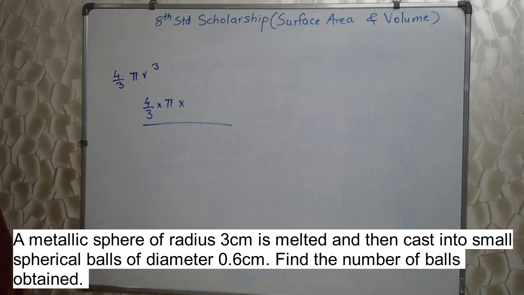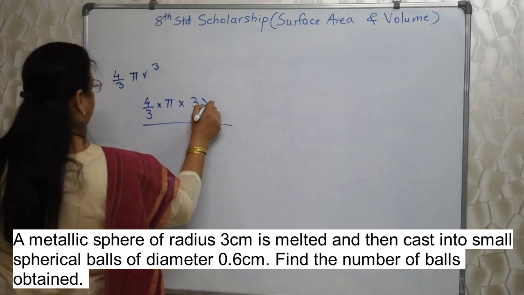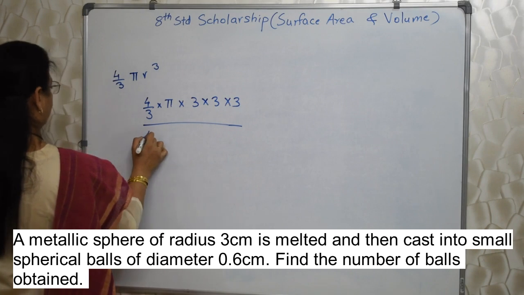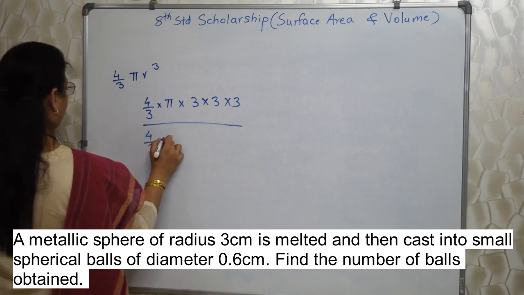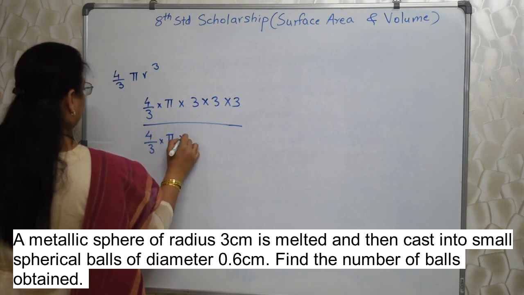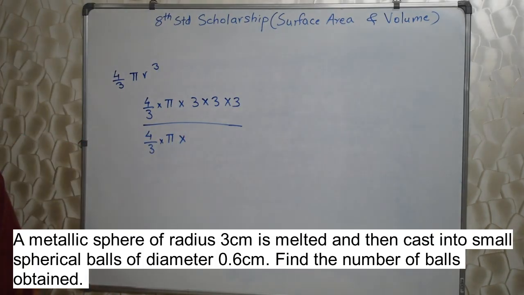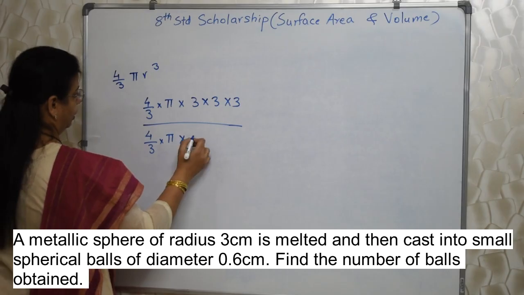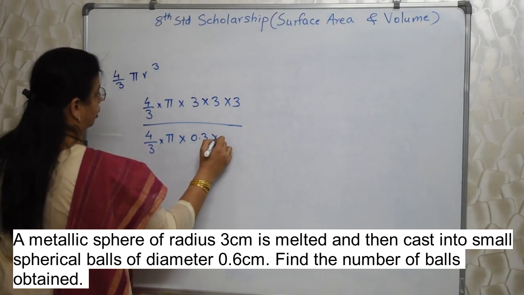Radius will be how much? Radius 3 centimeter. So 3 into 3 into 3. Now let's write the formula for the smaller sphere which we want to make. Diameter is 0.6. So radius will be half of 0.6. That is 0.3.